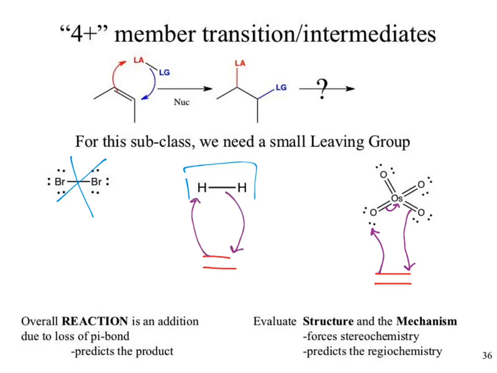We end up with 5. 1, 2, 3, 4, 5. So with the hydrogen, we've got that 4. With the osmium structure, we have 5.